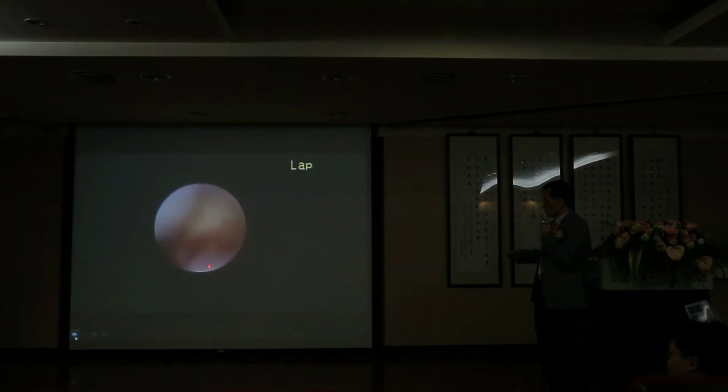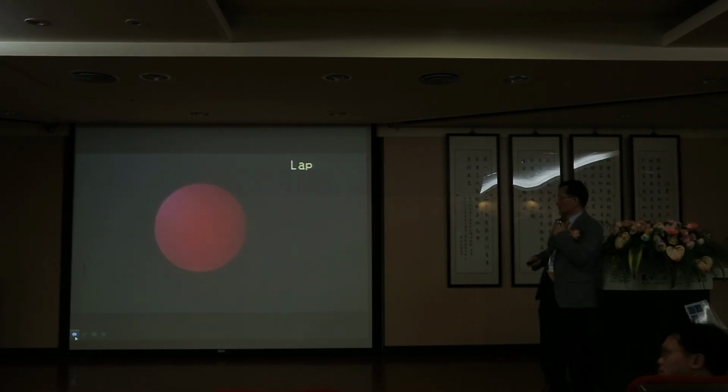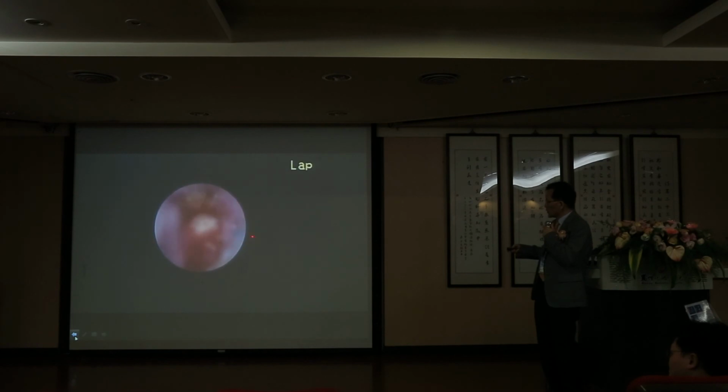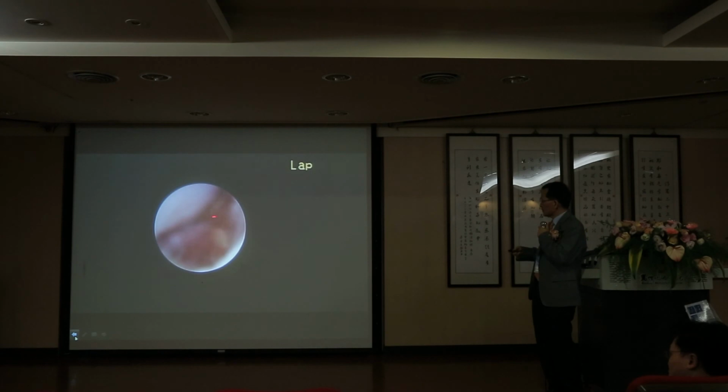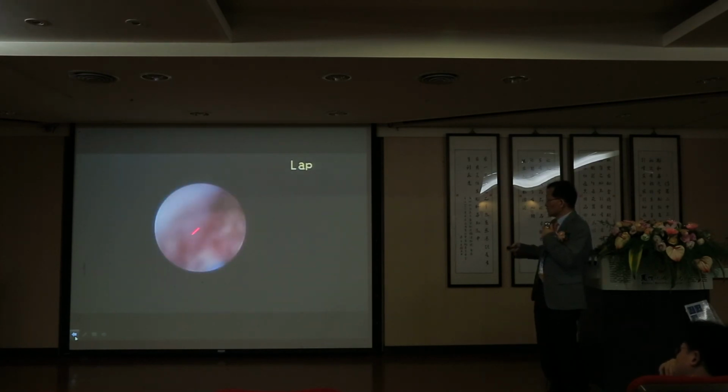You can raise it around here. This is raised here. There's scarring after raising. This is epidural space here, anterior epidural space here.